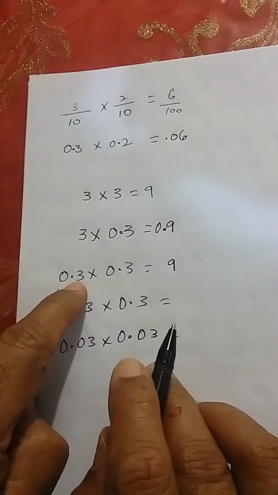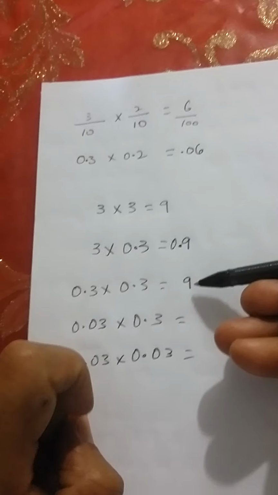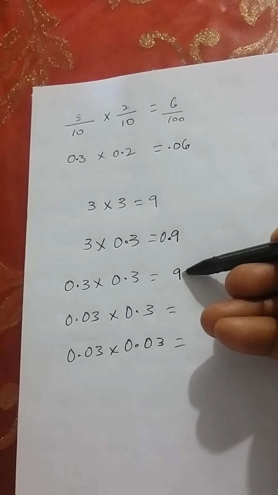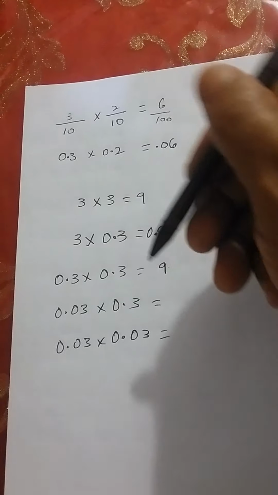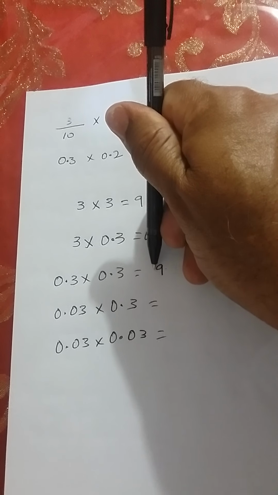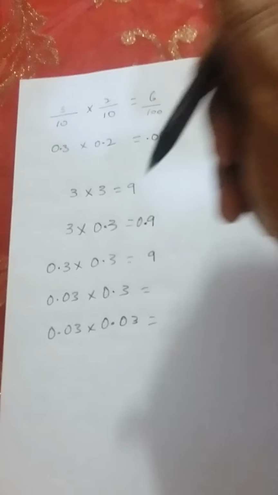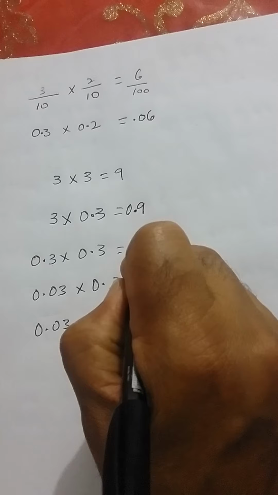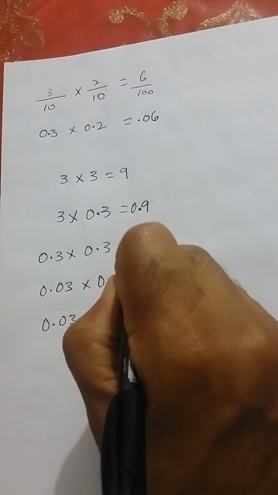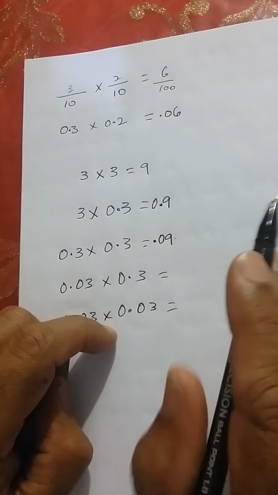One digit here and another digit here. If I put my point here, I will not have any digits after the point. I can't put it here. If I put it here, I will only have one digit after the point. So what can I do if I need two digits after the point? I put a 0 here, and then my point here, and I get 0.09.